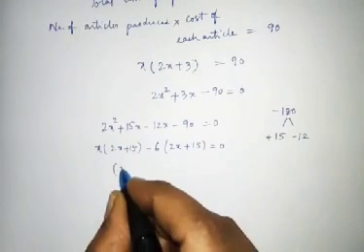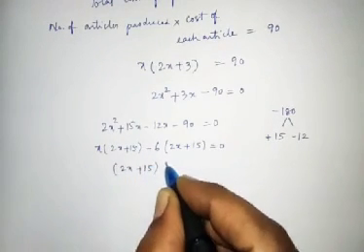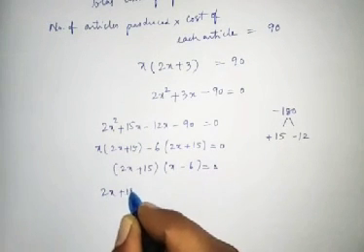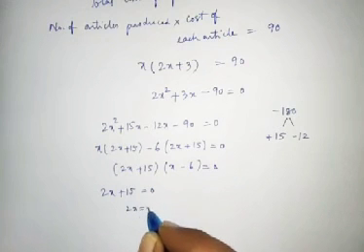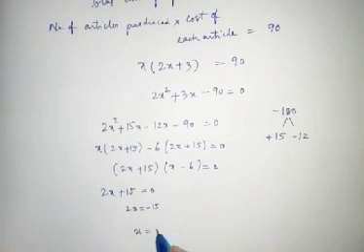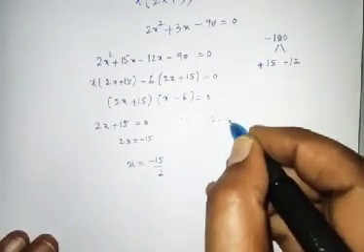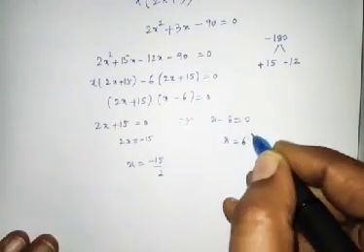So now 2x plus 15 into x minus 6 is equal to 0. That means 2x plus 15 is 0, that is 2x is minus 15, x is equal to minus 15 by 2. Or x minus 6 is equal to 0, that is x is equal to 6.